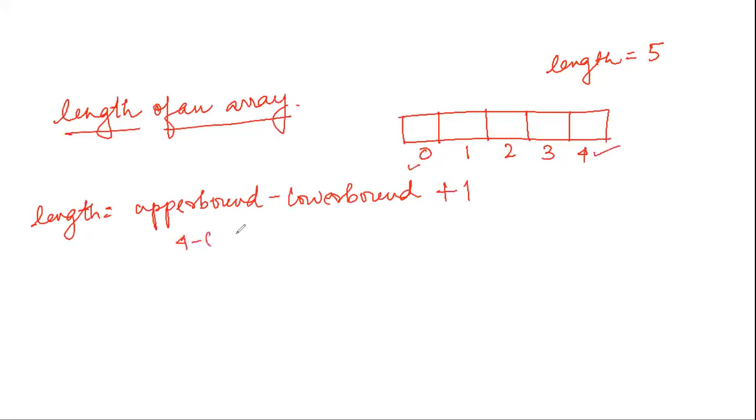So 4 minus 0 plus 1 gives us 5. The length of an array is the number of elements stored in that array, and the general formula is written like this. Now we will study how we store elements in an array.